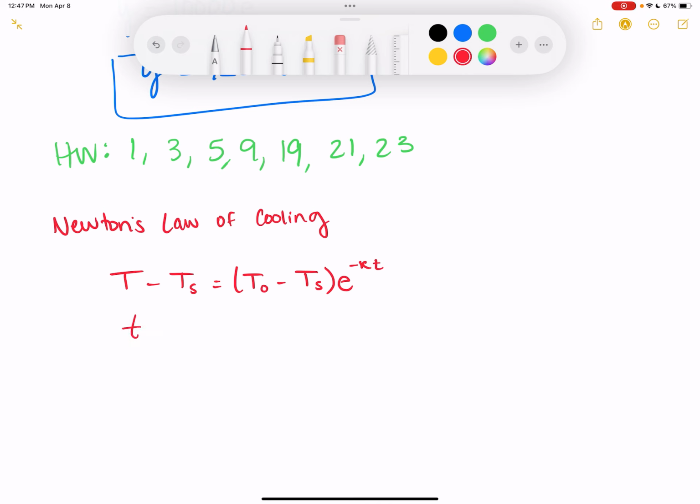And T sub 0 is the temperature at time T equals 0.